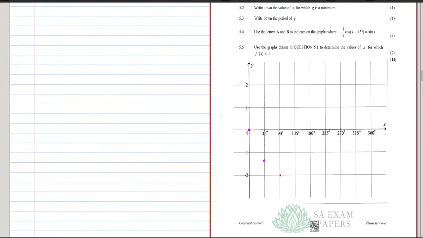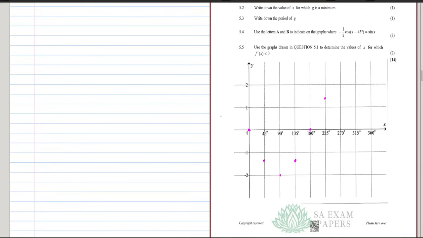And then 135 should be in line with that, because it's 135 and minus 1.4, so somewhere along this line. And then we have 180 degrees, that's 0. And then 225, that's positive 1.4, around here.